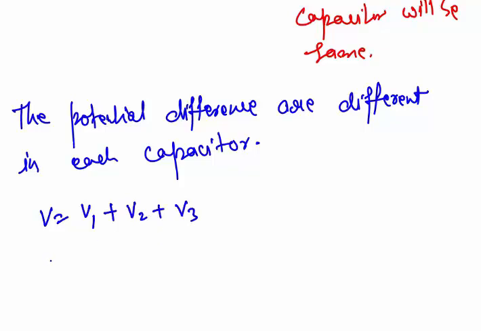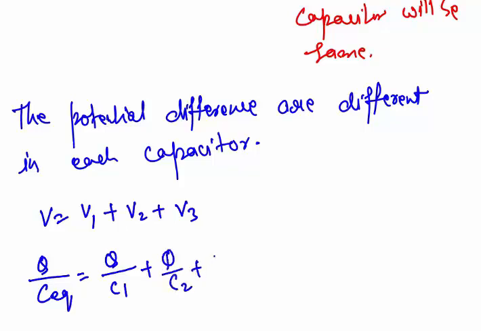Now we can write the charge Q divided by the equivalent capacitance C equivalent is equal to Q divided by C1 plus Q divided by C2 plus Q divided by C3.